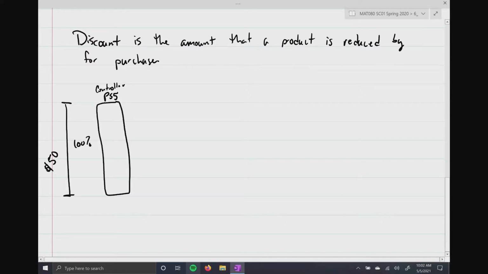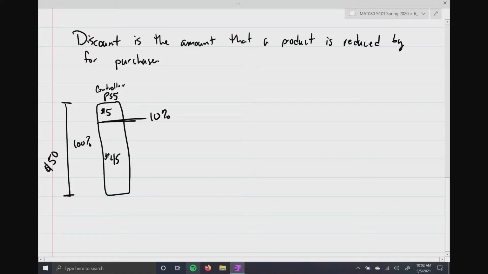When we say something goes on sale, what they're doing is they're cutting the price down. Just like if I were to cut right here. So this piece right here could represent 10%, which means this is going to be $5, and down below represents $45.